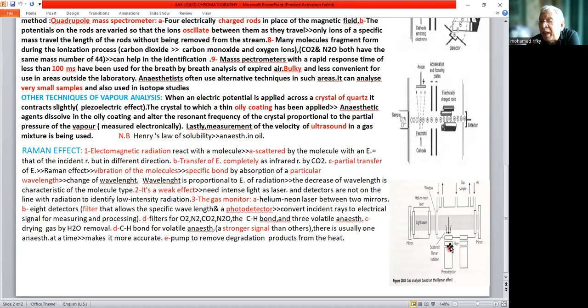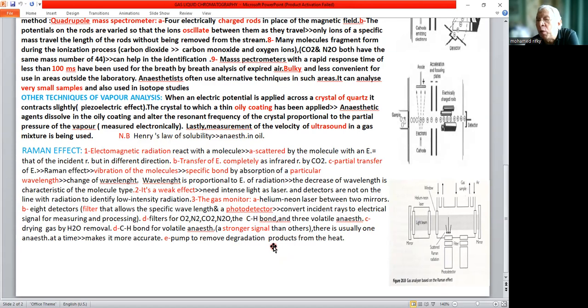So we have the detector made of a filter for the specific wavelengths, and we have what we call a photo detector. This photo detector converts the incident rays to an electrical signal for measuring and processing. The filters are specific for the different types of gas, as we can see, and the nicest thing about it is that the carbon hydrogen bond present in inhalation anesthetics is very strong, identifying the halogenated agent.